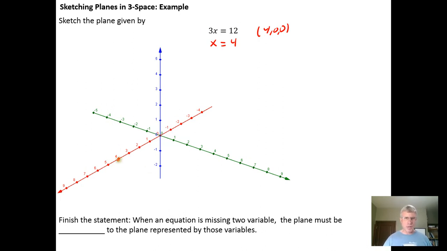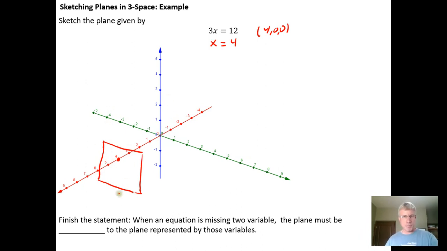So I would draw a line right here parallel to the z-axis, and a line parallel to the y-axis because the y variable is missing, and then this is a representation of that plane that contains the point 4, 0, 0.